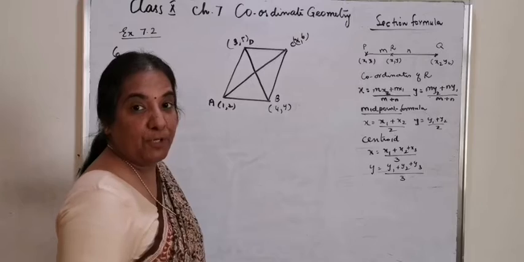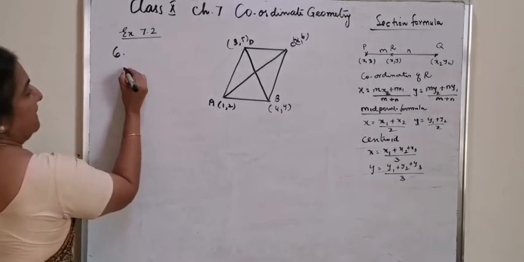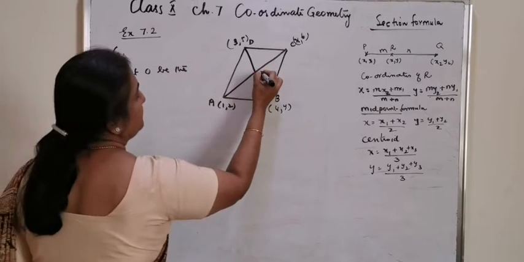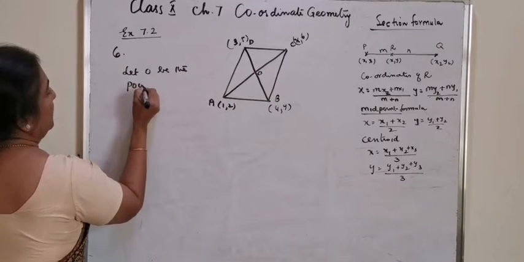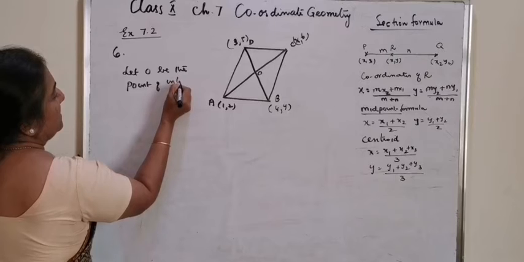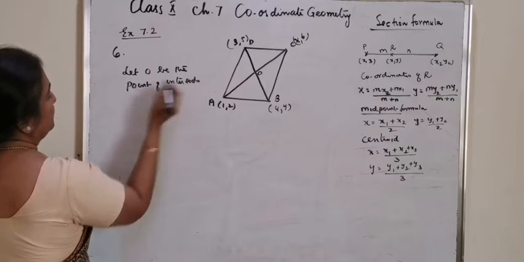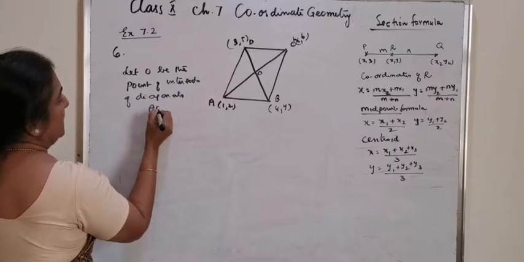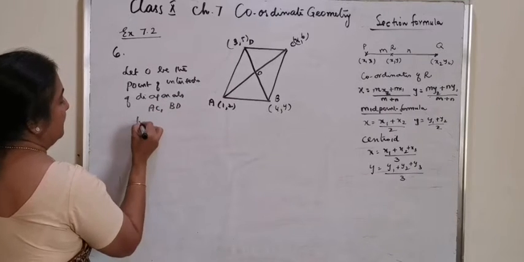Let them meet at the point O. Let O be the point of intersection of diagonals AC and BD.